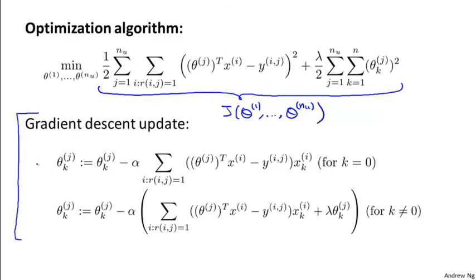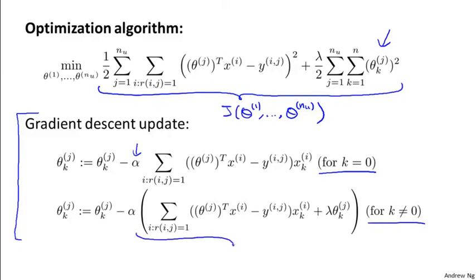You take theta j,k and subtract from it alpha, the learning rate, times these terms over here on the right. We have slightly different cases for when k equals 0 and when k is not equal to 0, because our regularization term regularizes only the values of theta j,k for k not equal to 0. We don't regularize theta 0.